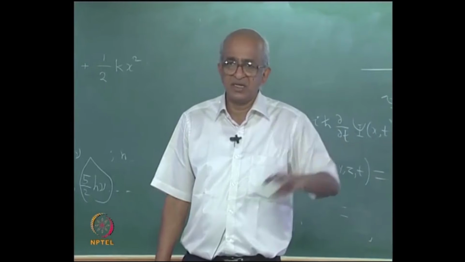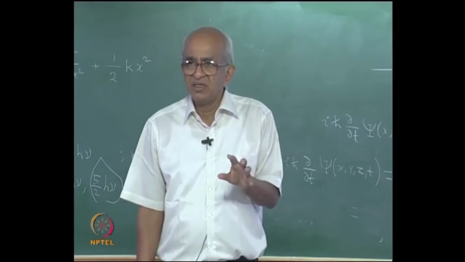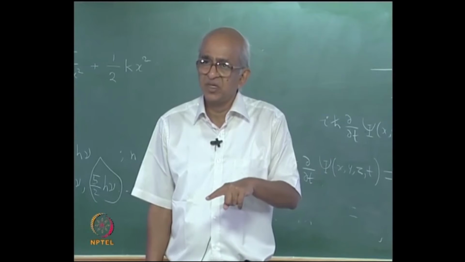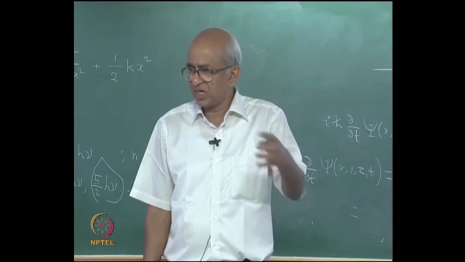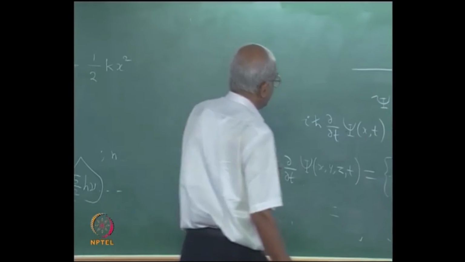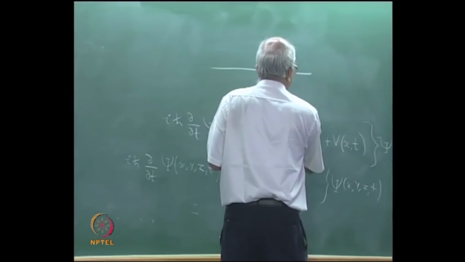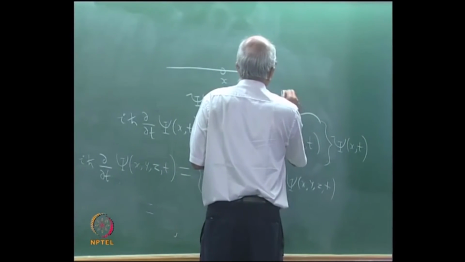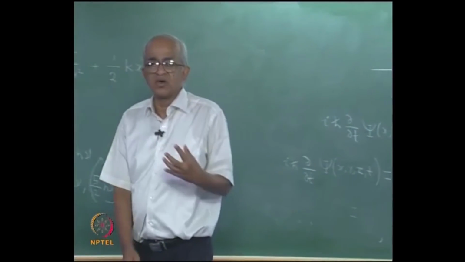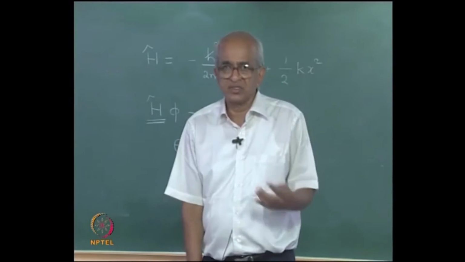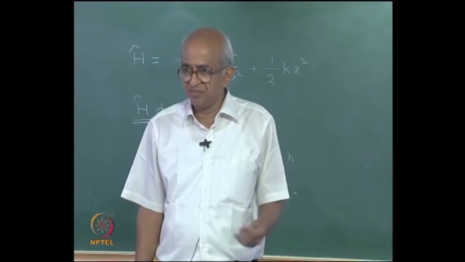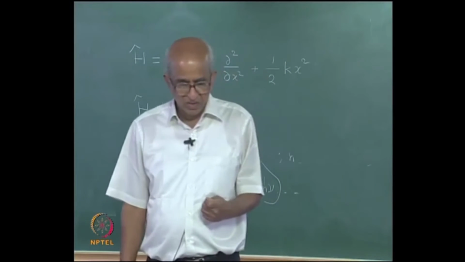How the state function changes in time is determined by the state function itself, operated upon by the Hamiltonian operator. So, the time evolution or time development of a quantum mechanical system is governed by what? It is governed by the Hamiltonian operator, and that is the reason why Hamiltonian operator is of great importance in quantum mechanics, because it determines how the state function changes with time.